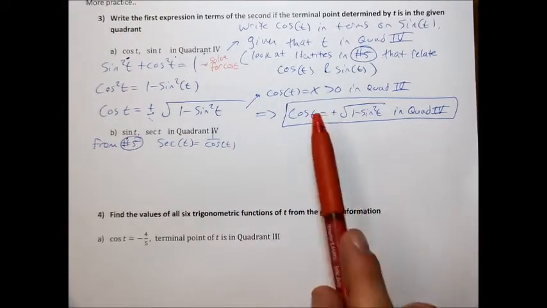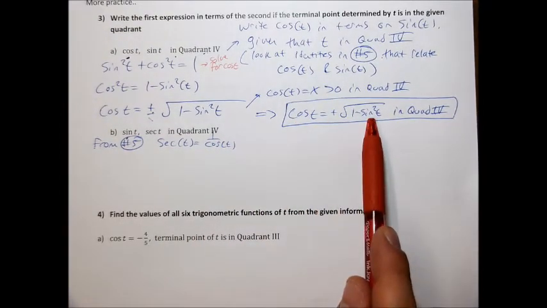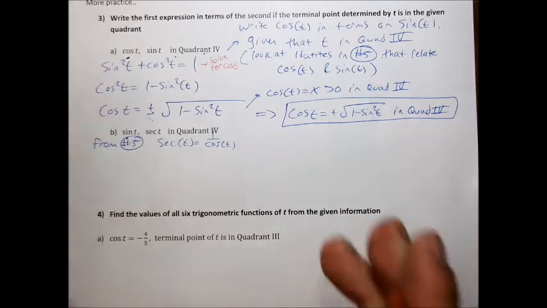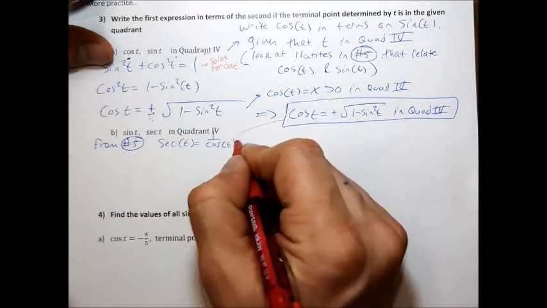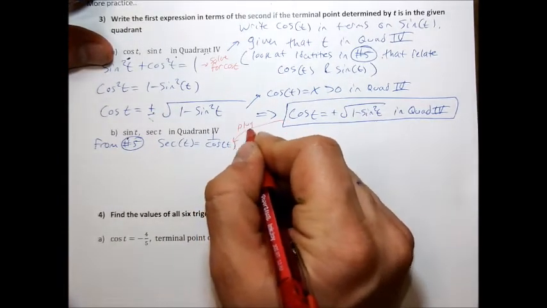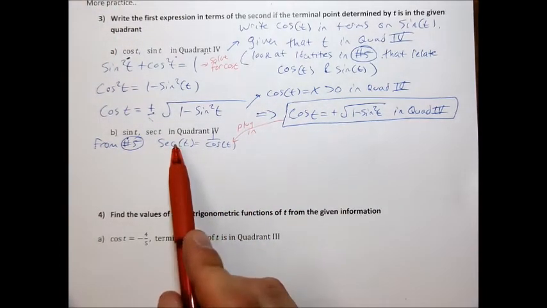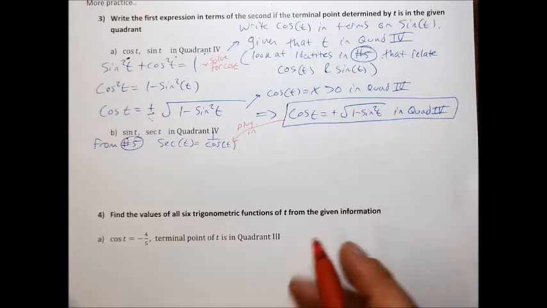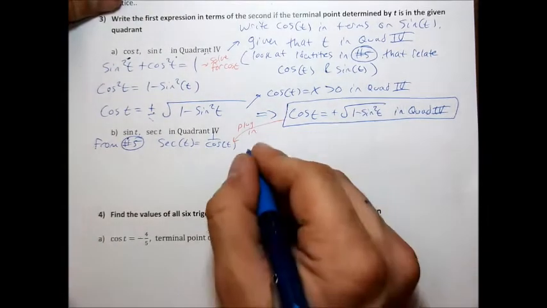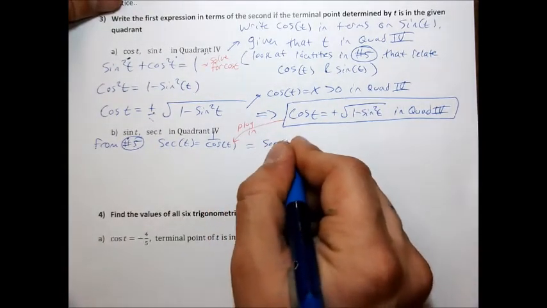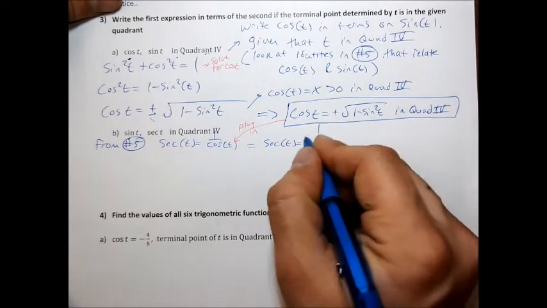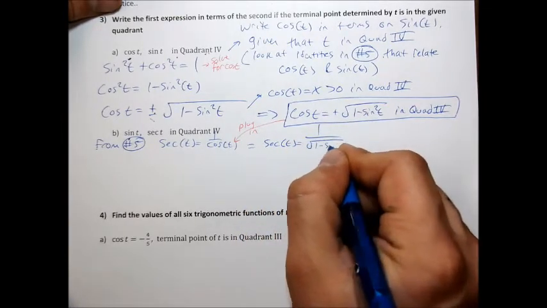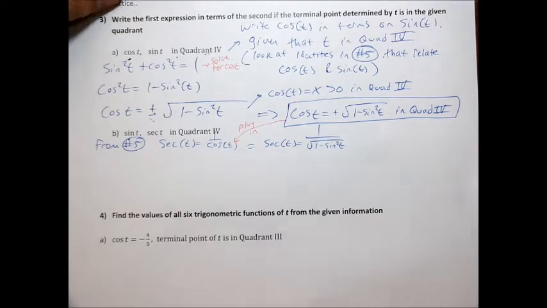And we just wrote cosine in terms of sine. And so we can take this thing that we just found and plug it in right here, because that would then be secant equals something that only has sine in it. And so that would end up being the following. We'd get secant equals 1 over the square root of 1 minus sine squared.